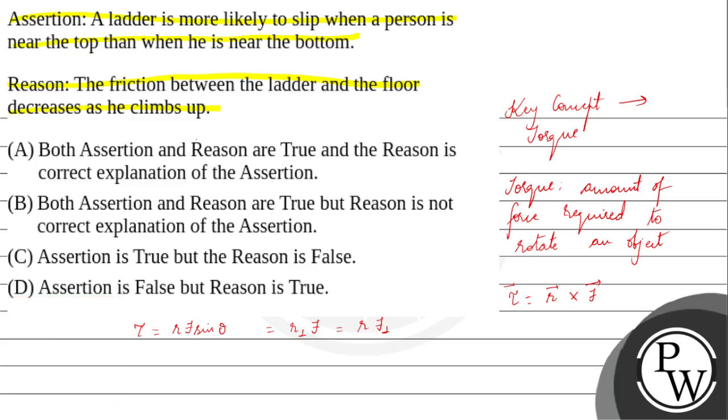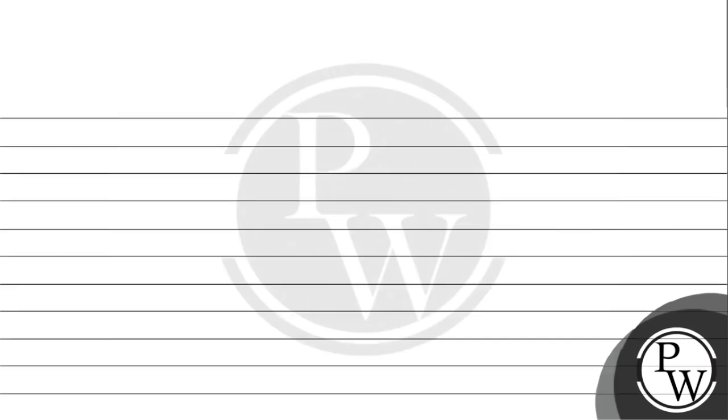We will analyze both the assertion and the reason. For rotational equilibrium of the ladder, matlab if the ladder has to be stable without slipping, we have to balance the torques.